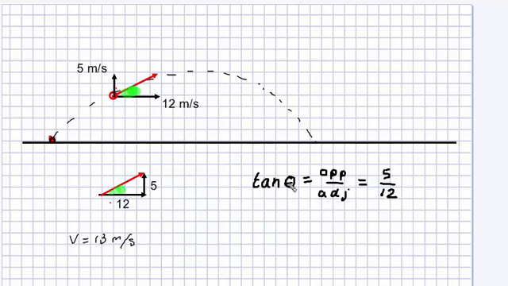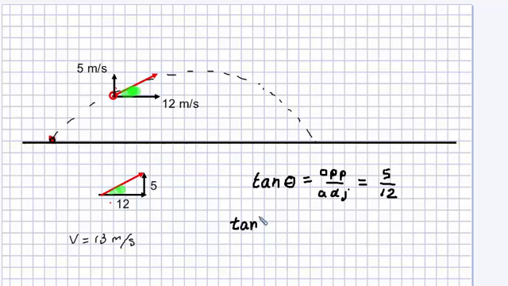To get the angle outside of the tangent function, because right now it's buried inside this tangent function, we can use a feature on your calculator called inverse tangent. You're probably familiar with that.